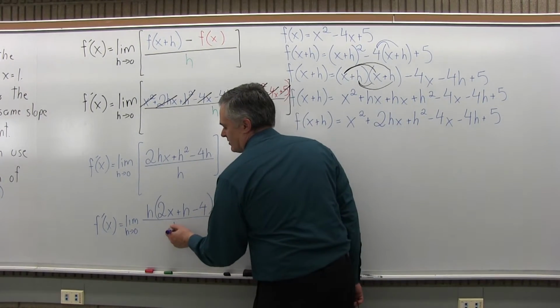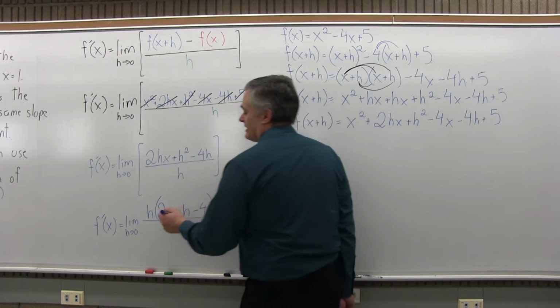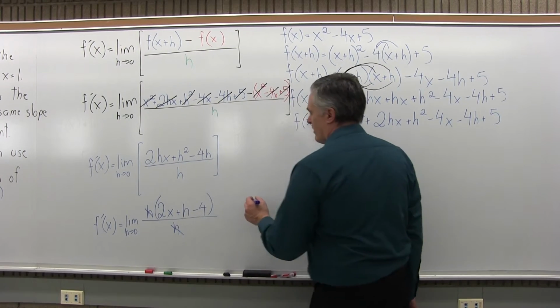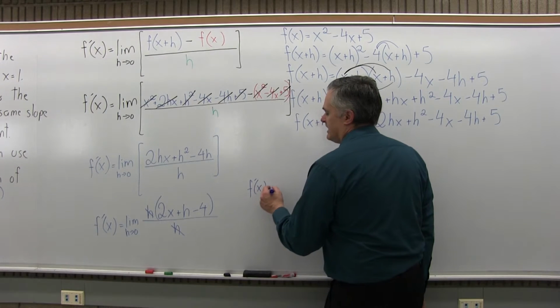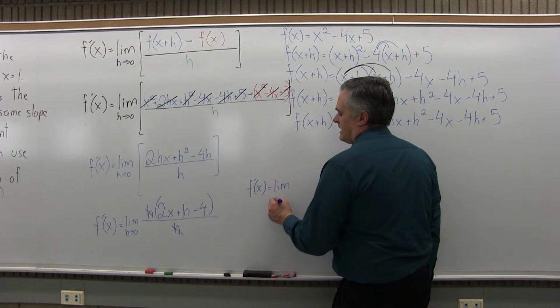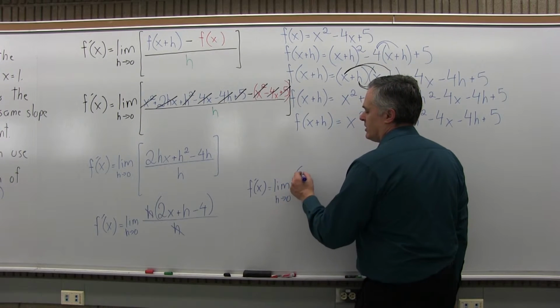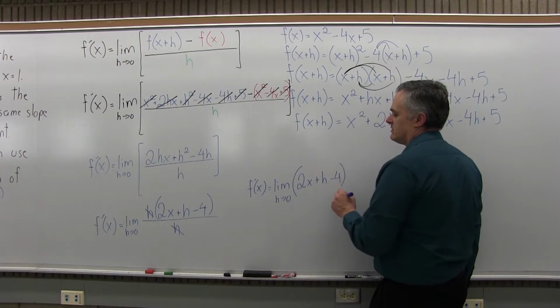And now I have an h in the denominator. Now that h in the denominator can cancel with the h that I factored in front of the parentheses. So now f prime of x equals the limit as h approaches 0 of 2x plus h minus 4.